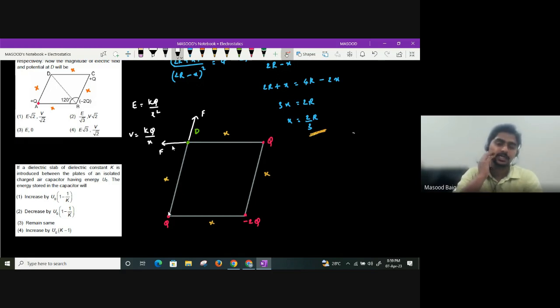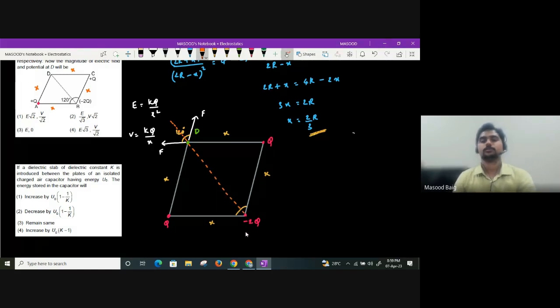And what is the angle between them? If this is 120 degrees, automatically this will also be 120 degrees, guys. Because both are same in magnitude, I will get the resultant along 60 degrees again. You will get the resultant something like this. Clear, all of you? Yes or no?